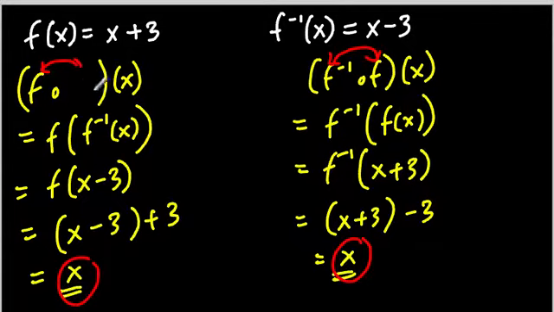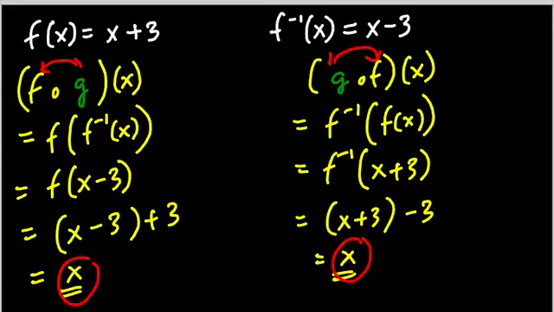You don't have to do this, I'm just doing it to illustrate something. This is the first time we've seen where f of g of x, which is equal to x, is equal to g of f of x, which also is equal to x. So in other words, these two are equivalent.